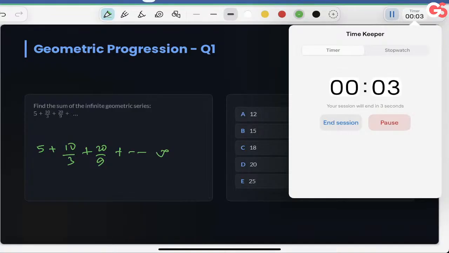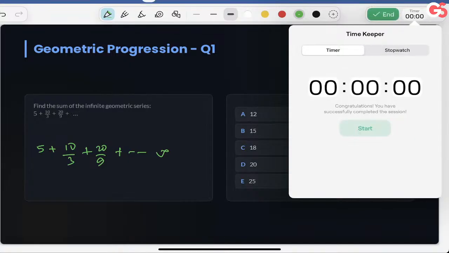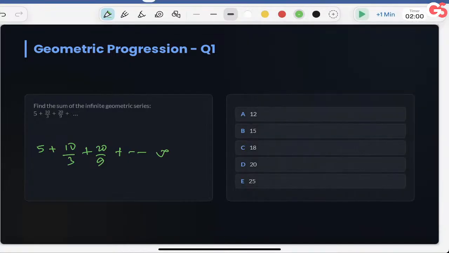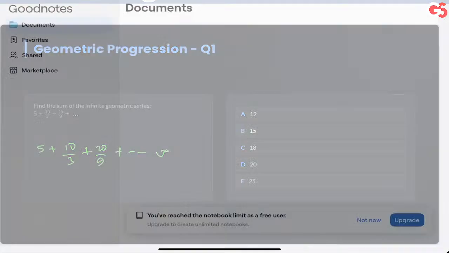All right, let's check this out. Let me open a whiteboard here. The question was 5 plus 10 by 3 plus 20 by 9 and so on till infinity.